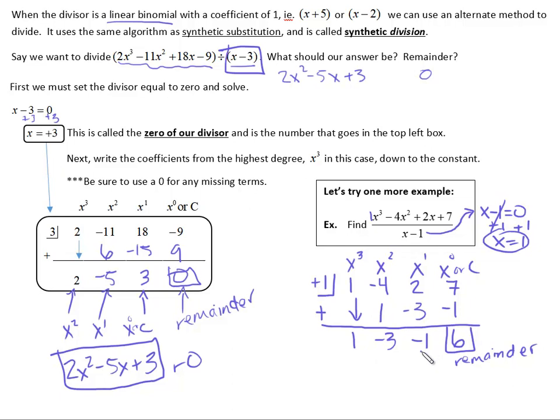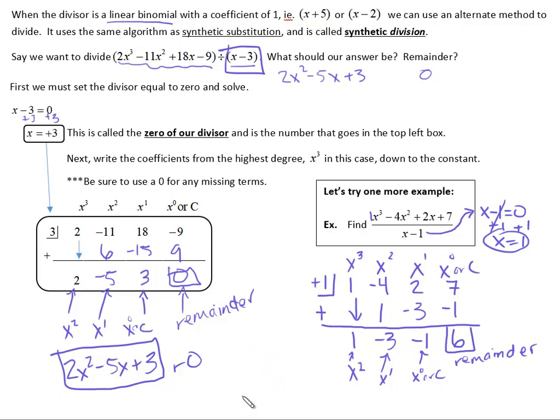Okay, remember that this is our constant, x to the 0. This next number is x to the first, and this is x squared. So writing our answer, I'll try to squeeze it in over here. We have 1x squared minus 3x. Oh, I'm not going to have space here. Hang on.